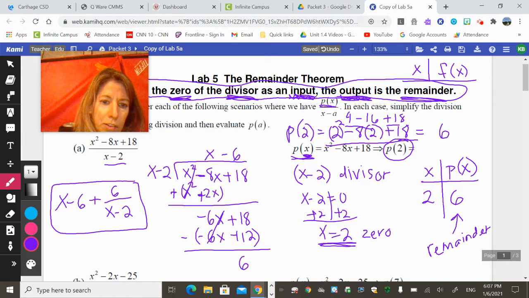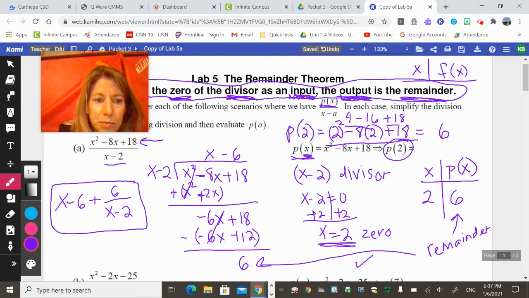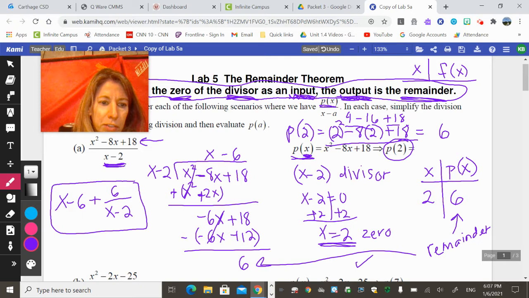And that's what I got over here, right? The remainder was 6, so that's a check. Basically, whatever function we're dividing into, if we take the zero of the divisor and insert it as an input, we should get the remainder. That's what the remainder theorem is.